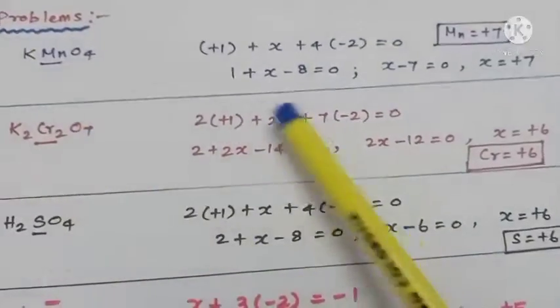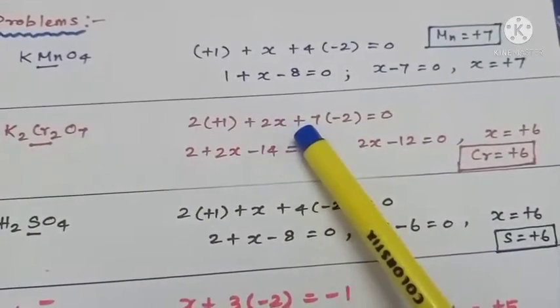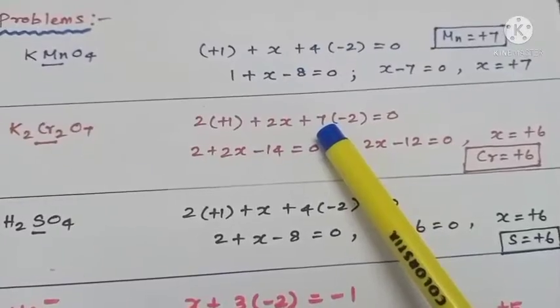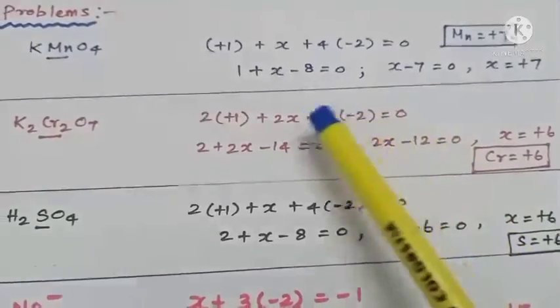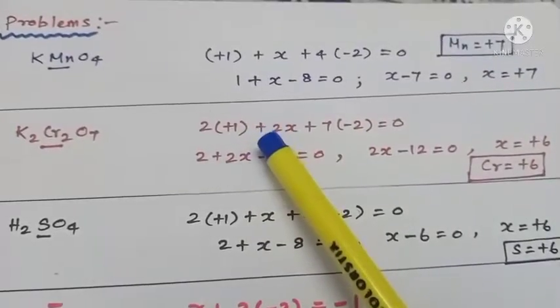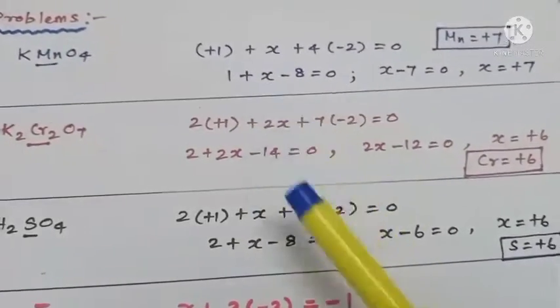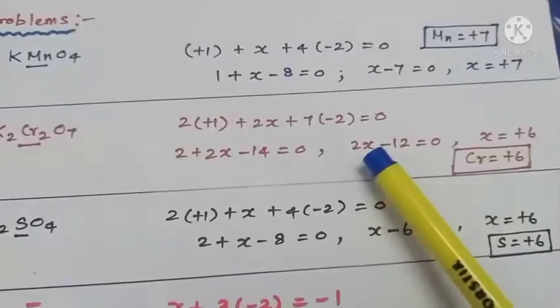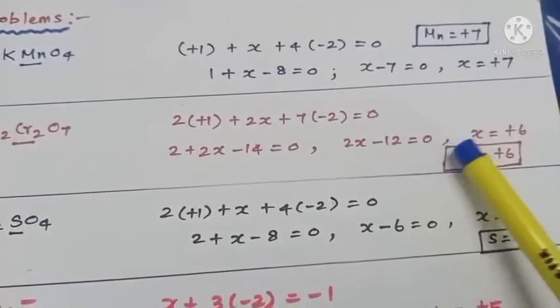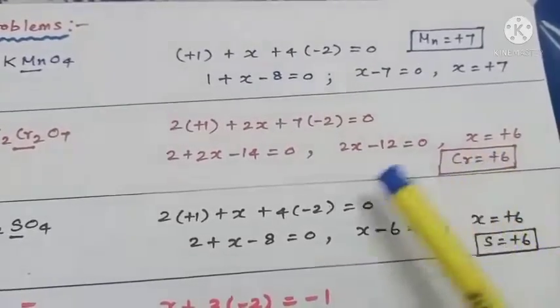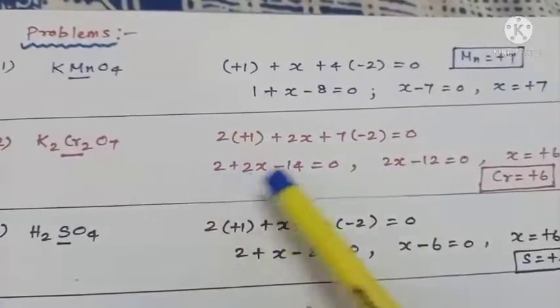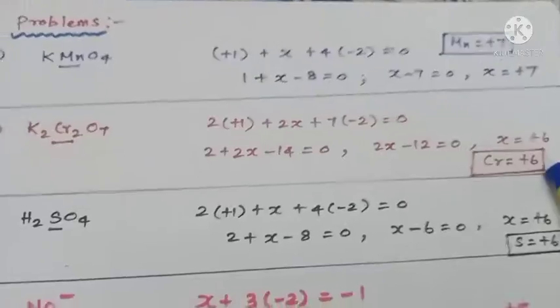There are 2 chromium atoms, so we take it as 2X, plus 7 oxygen atoms into the oxidation number of oxygen -2, is equal to 0. The sum of oxidation numbers is 0 in a neutral molecule. So we get 2X - 12 = 0, 2X = +12, X = +6. Therefore, in K2Cr2O7, the oxidation number of chromium is +6.